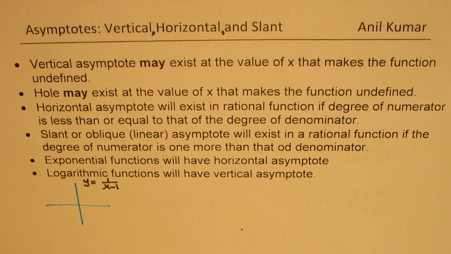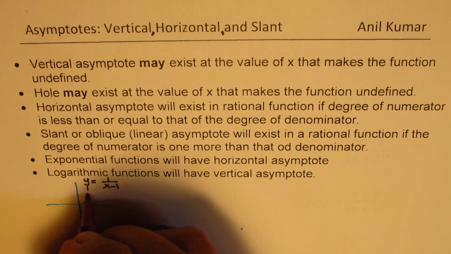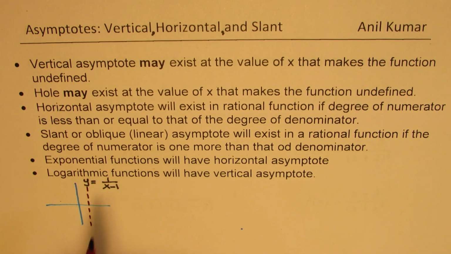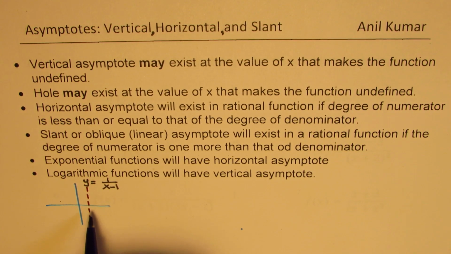So at x equals 1, we are going to have a vertical asymptote. Vertical asymptote really means that when the x value is approaching this value, the value of the function will approach either positive infinity or negative infinity, right?